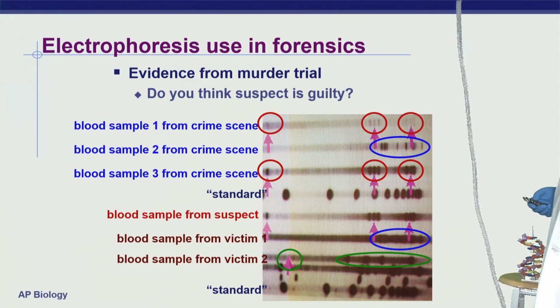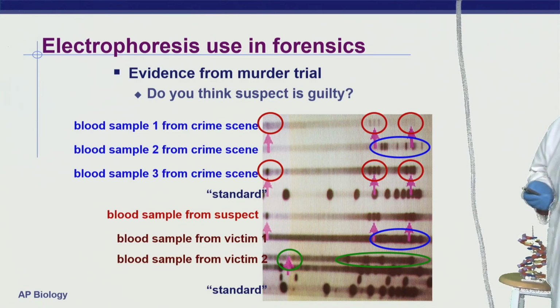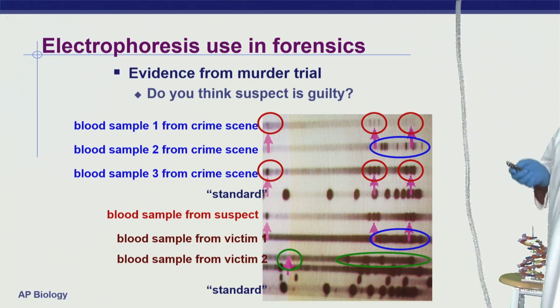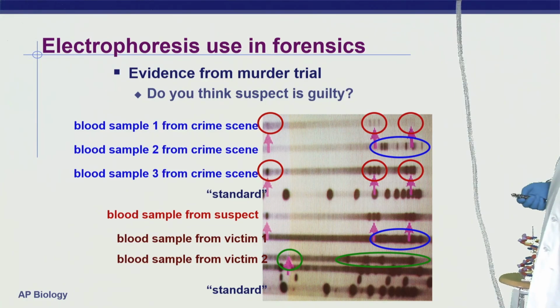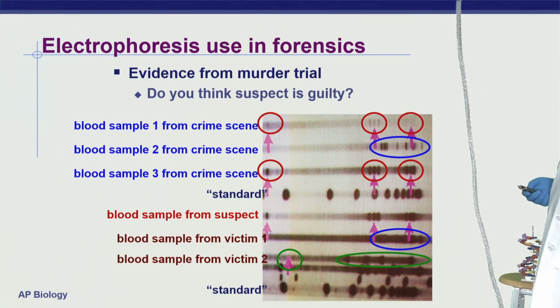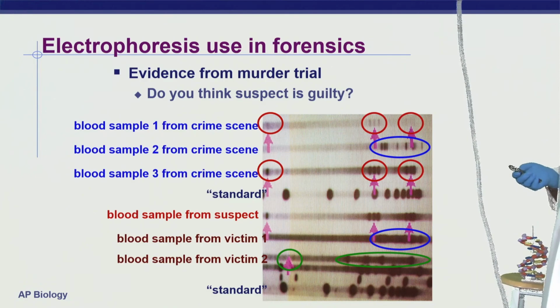He was definitely there. These do require some interpretation, and you can see why we have experts to deal with this. But yes, we have some similarities. Both sample 1 and sample 3 match pretty closely with the suspect.